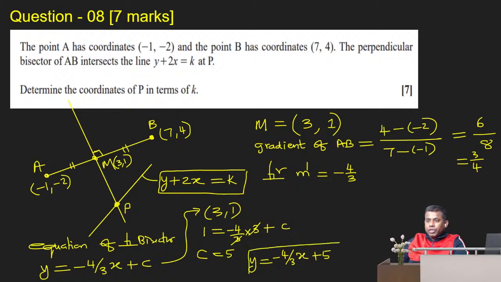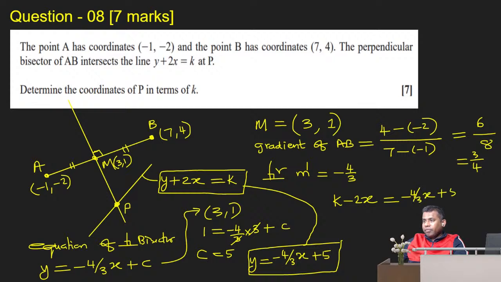So that equation intersects with this equation, right? What do you want to do? Equate the y. So I will end up with k minus 2x equal to minus 4/3 x plus 5.